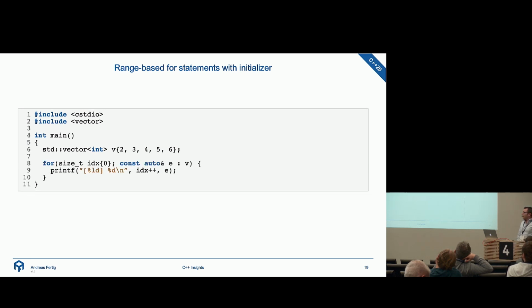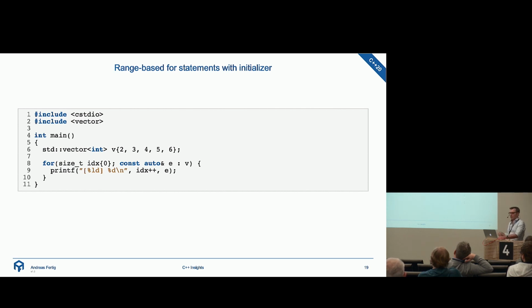The good message is, in C++20, we will have range-based for loops with initializers, which enables me to write code like this. I now can say for, paren open, size_t idx, semicolon, and then the rest of the former range-based for loop. And with that, it's again tightly coupled.